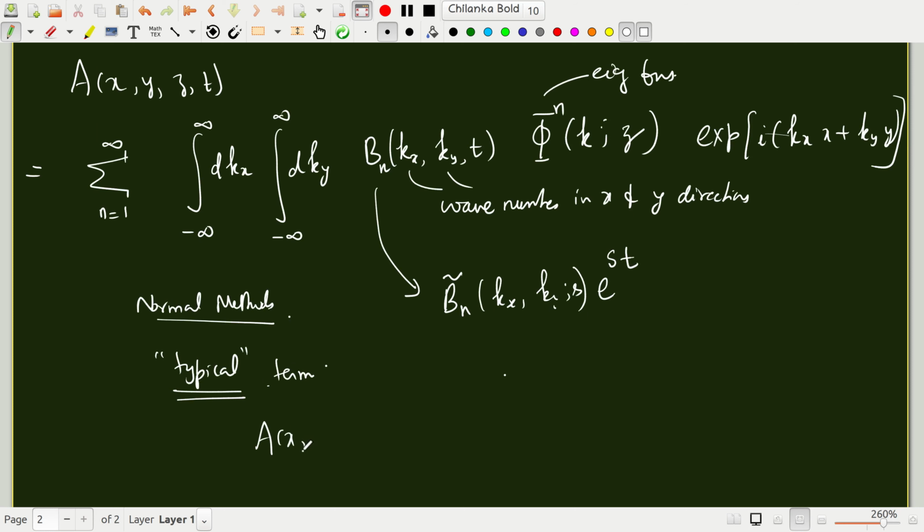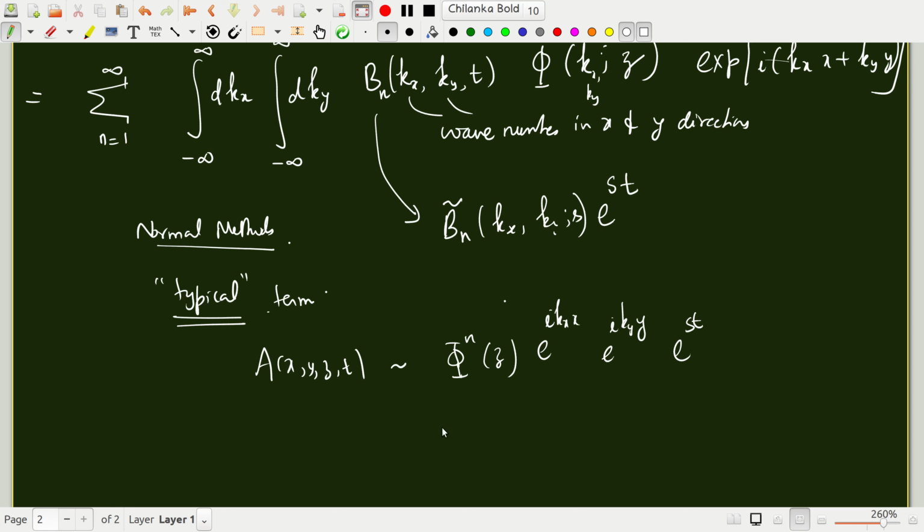So we'll say A of x, y, z, t goes as phi n of z. This is actually a function of kx, ky, but we'll omit this dependence for the sake of simplicity, and then we'll write e to the i kx x, e to the i ky y, e to the st. This is the method of normal modes, and s is the eigenvalue.